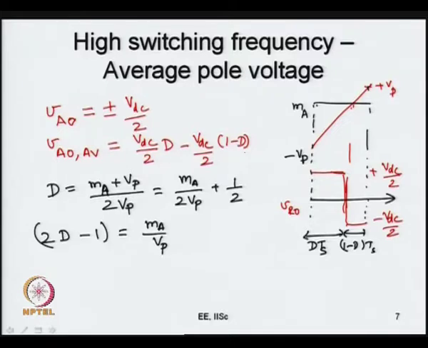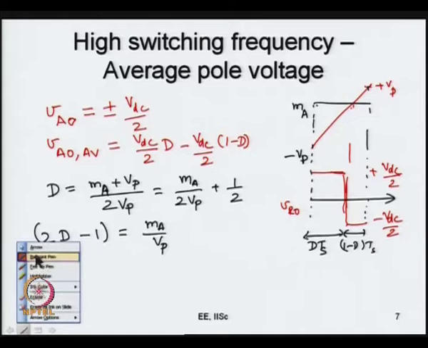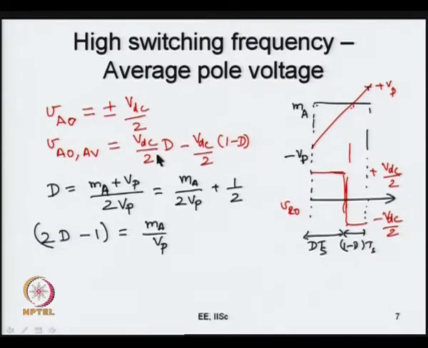So, what is this expression exactly? VAO average is VDC by 2 times D minus VDC by 2 times 1 minus D. So, this is exactly what you have here.